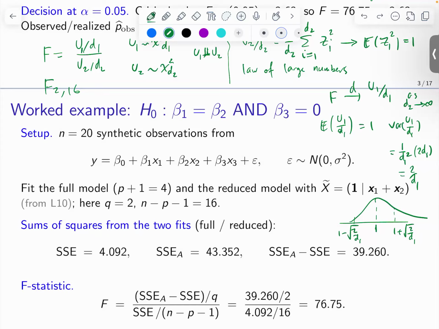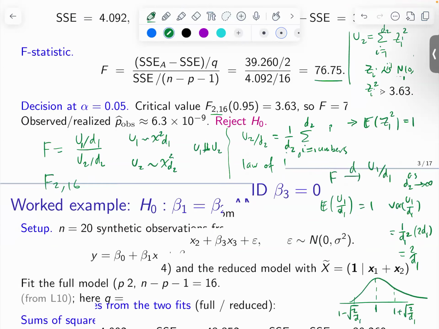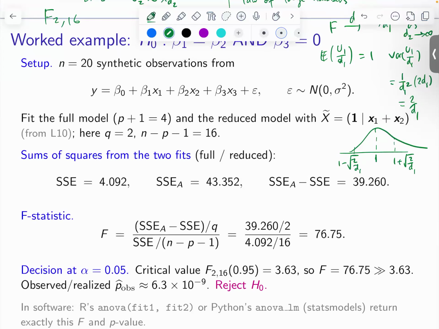If you go 1 standard deviation, it's like 0 to 2. If you go 2, it can't go below 0, so it would be 0 to 3. And so this is really off. So this gives you a way to reason without worrying about the tables. It's approximate, but useful.